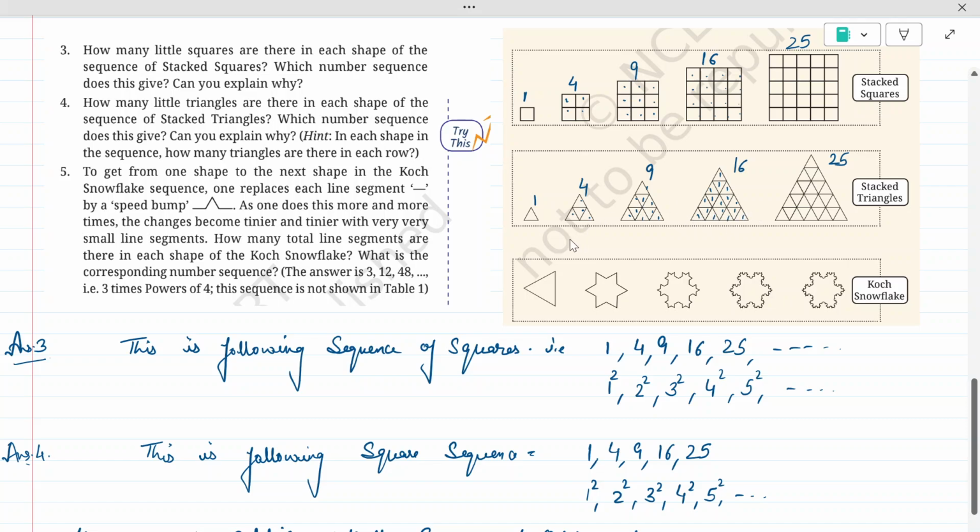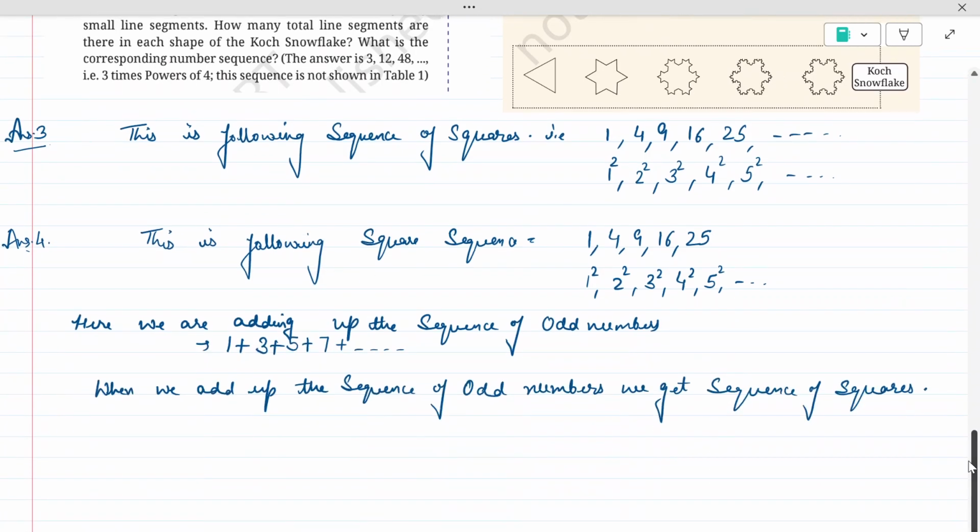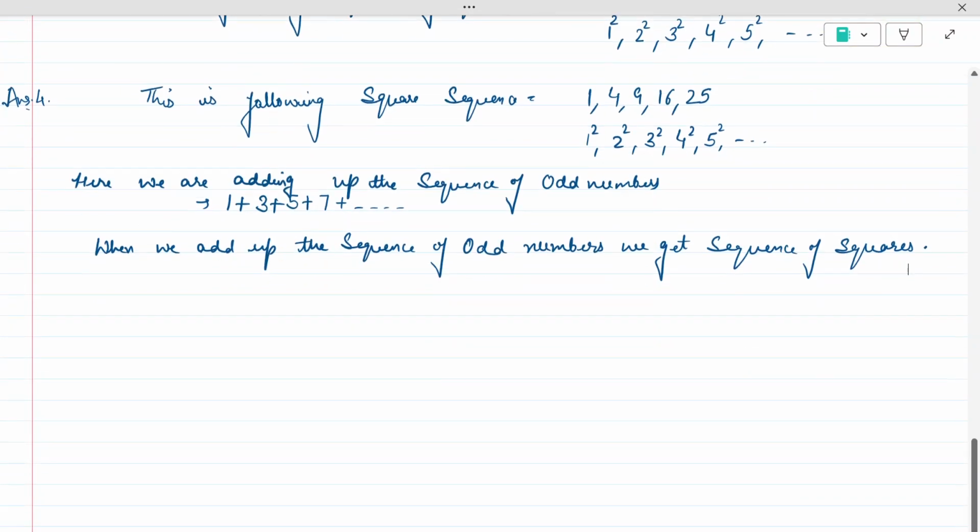So with each image, we are adding an odd number of triangles to it. Hence we get a sequence of squares, because when we add up the sequence of odd numbers, we get the sequence of squares. I hope this is clear. Now, I will move to the last question of this exercise, answer number 5.